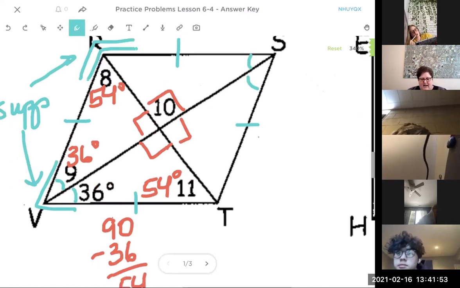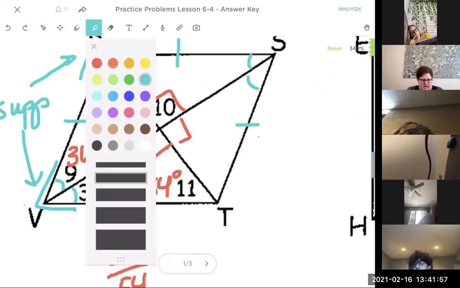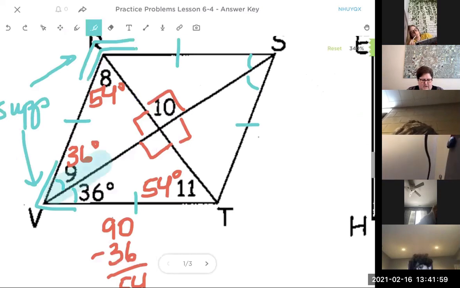After that, I honestly would just look at the little right triangles. You have a right triangle here. How many other right triangles are congruent to that triangle? Three other ones, right?